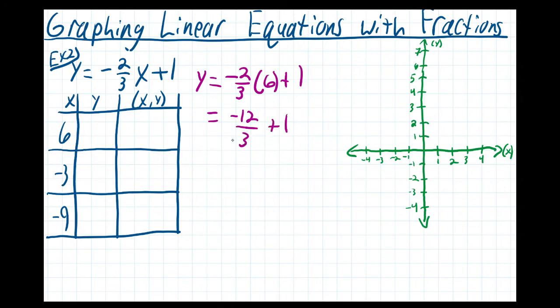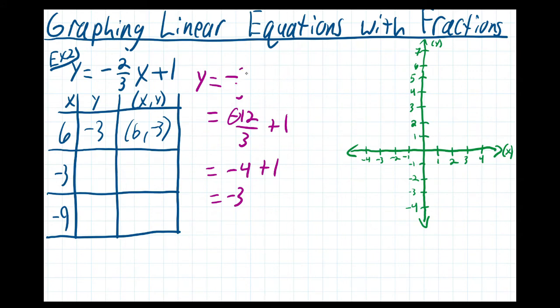Now, negative 12 divided by 3. 3 goes into 12 4 times, but then a negative divided by a positive is just going to be a negative again. So we have negative 4 plus 1. Negative 4 plus 1 is negative 3. So when x is 6, y is negative 3, and we get the point 6, negative 3.